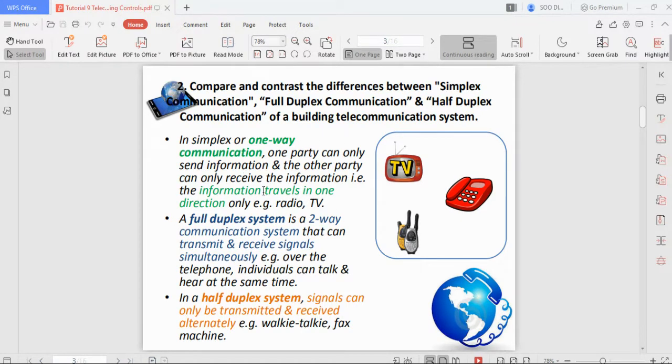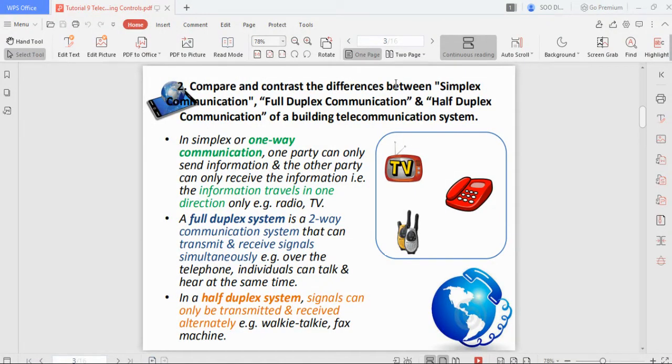And a one-way communication, as its name implies, is a simplex communication. You are only able to obtain information, and not able to put in any information to the transmitter or the person giving you the information.